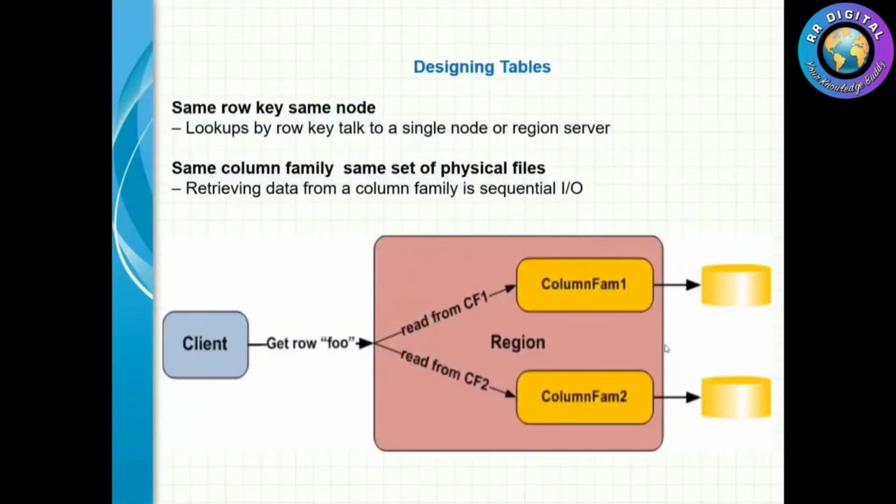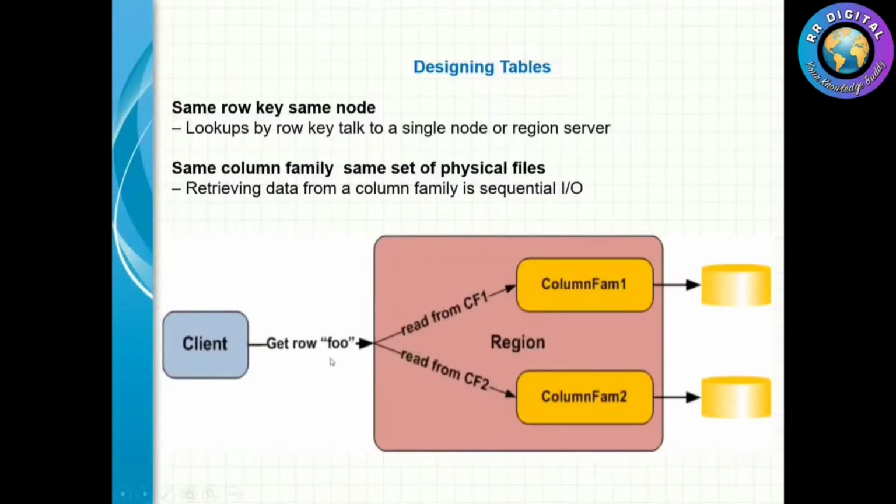Okay, so designing tables. For example, here we have a client. Okay, so client has one record. If the client wants to retrieve that record, okay, backend, these two basically you can assume as HDFS. Okay, your data is there in HDFS. So first it will check which column is related to which column family.